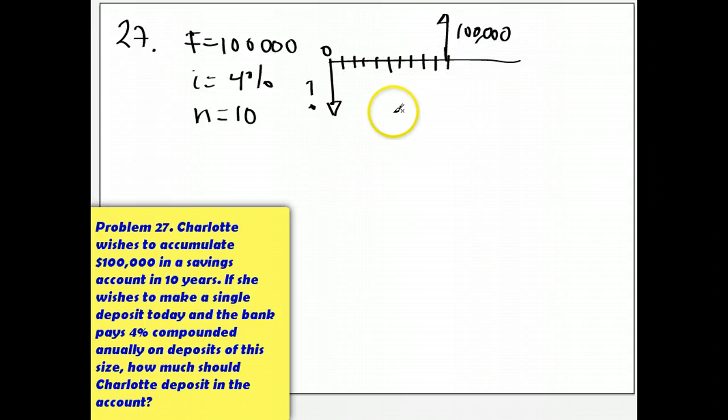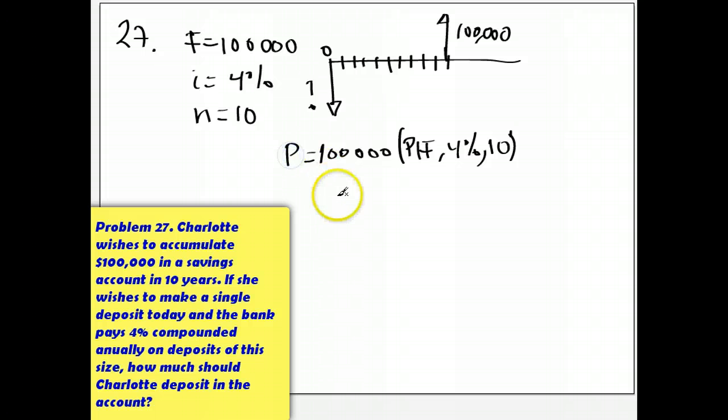And the interest rate being 4%, that means that a future value of $100,000 will allow me to compute a present value, because I know this future value, the interest rate is 4% and the number of periods is 10. So with this I would compute a present value.